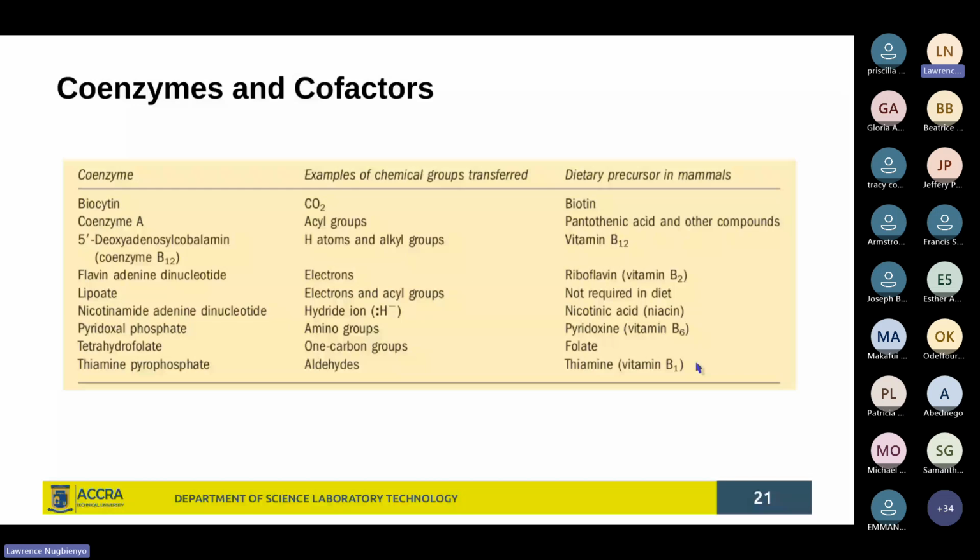So you see that a lot of times when drugs are being prescribed, when medications are being prescribed in the hospitals, you have these vitamin B complexes prescribed in addition to these medications.